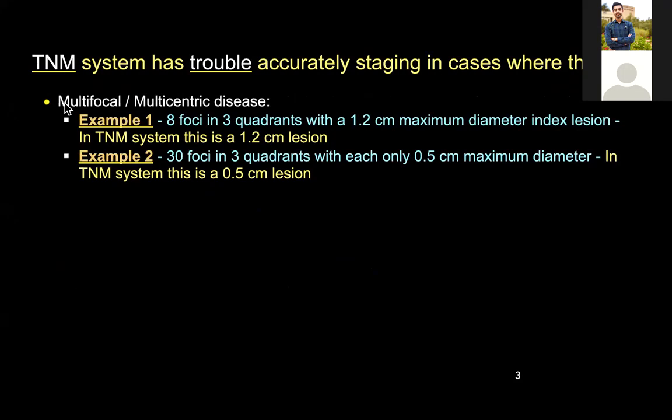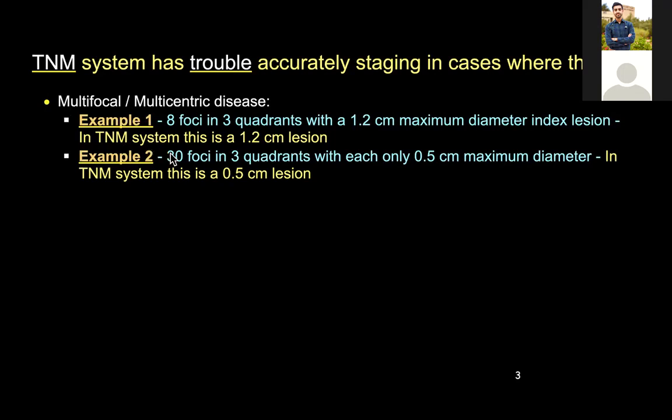Example one, let's say that we have a multicentric cancer with 8 foci in 3 different quadrants. And the largest of these 8 foci has a maximum diameter of 1.2 centimeters. In the TNM system, they would call this a 1.2 centimeter cancer, which is way, way underestimating its true extent.